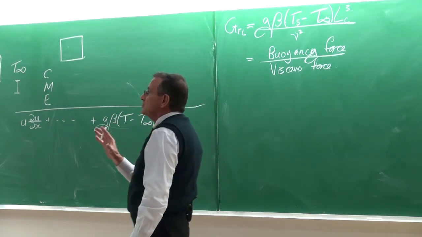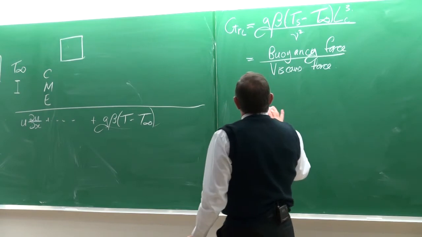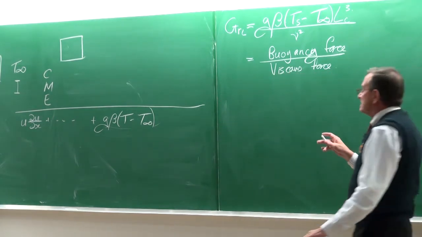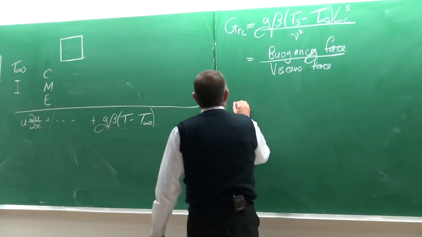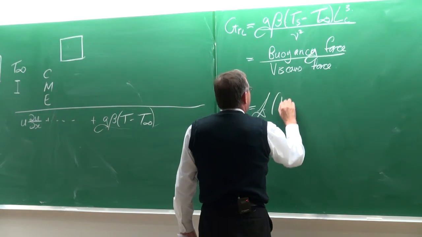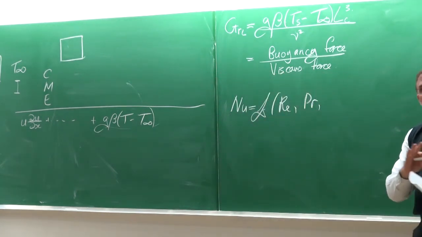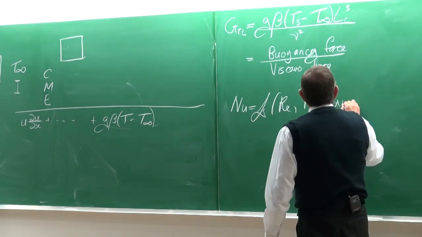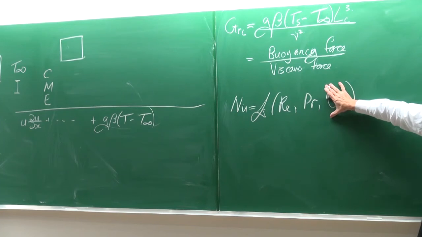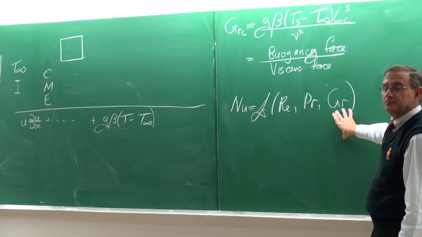Now, in problems where we have natural convection, if you now think in terms of what you've done in the previous examples and in the previous chapters, we have learned that the Nusselt number is a function of the Reynolds number and the Prandtl number, and I've previously mentioned to you actually the Grashof number also, but in the previous chapters we have ignored this part. Now here the Grashof number starts appearing.